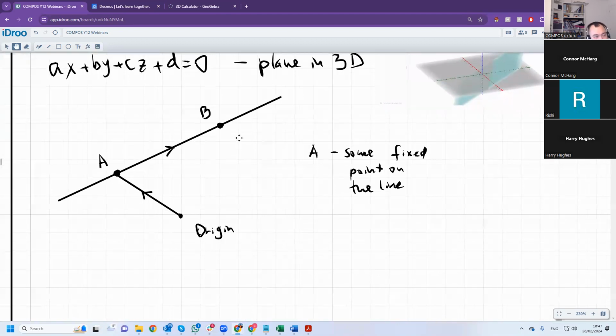So vector OA is the position vector of some point on the line.